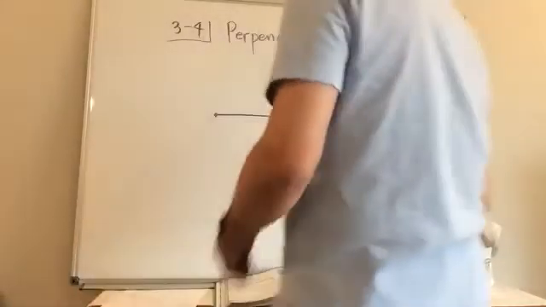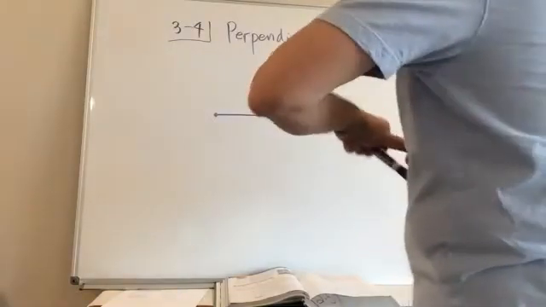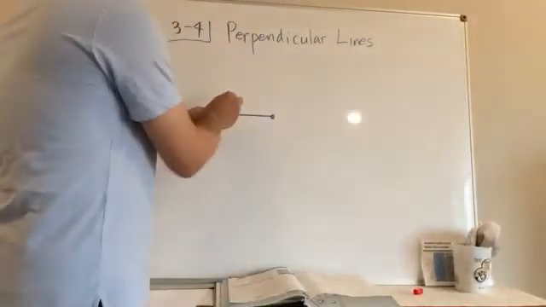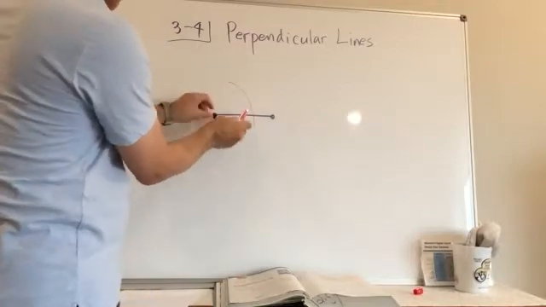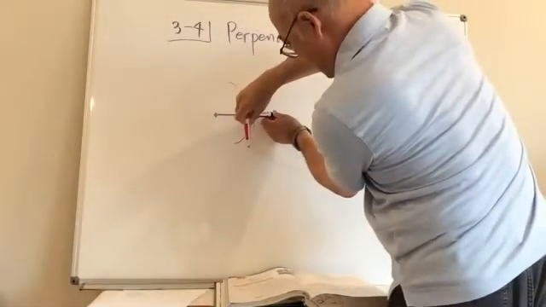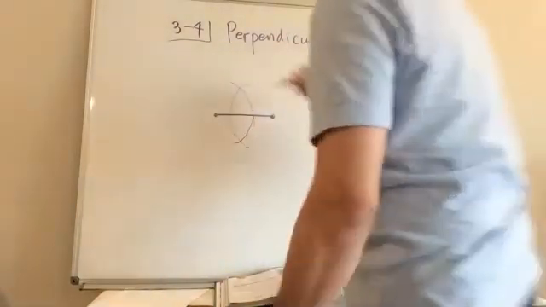So if I'm given a line segment that looks like this, I can take my compass again, my handy dandy compass, and I would go ahead and draw like that. I would take the same one and draw like this all the way through. Okay, so now I've created two points here.